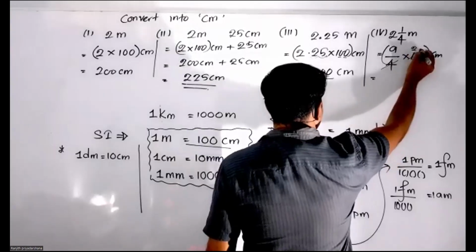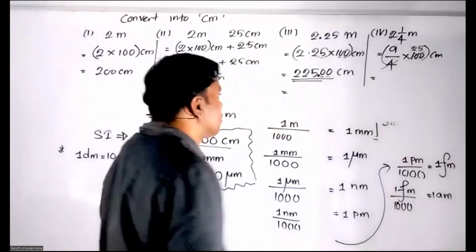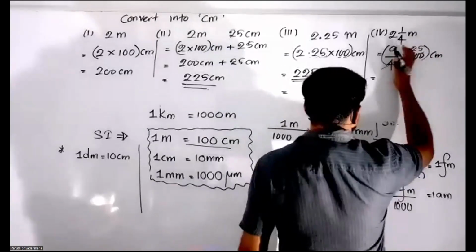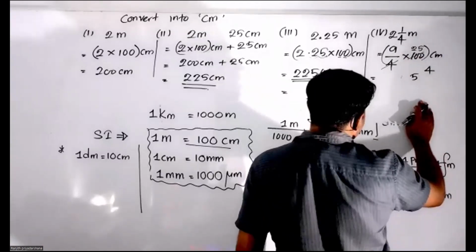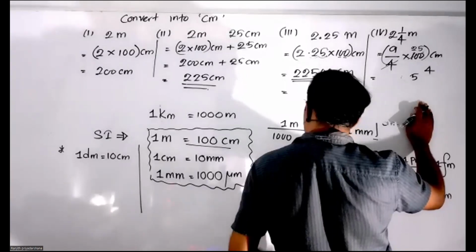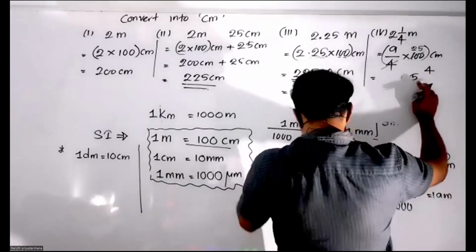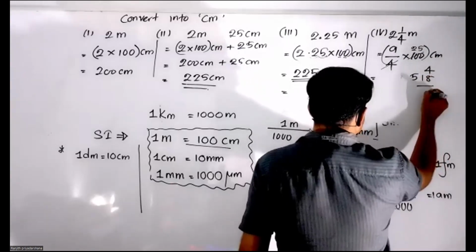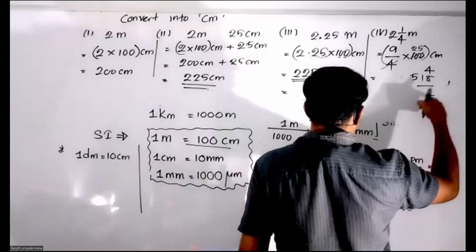That's 25. 25 times 9. 9 times 5 is 45. 4 remains. 9 times 2 is 18. 8 plus 4 is 12. 1 remains.